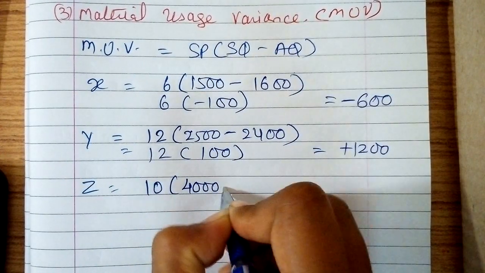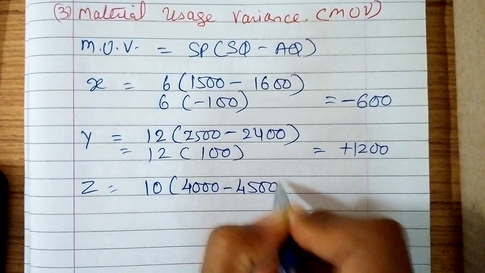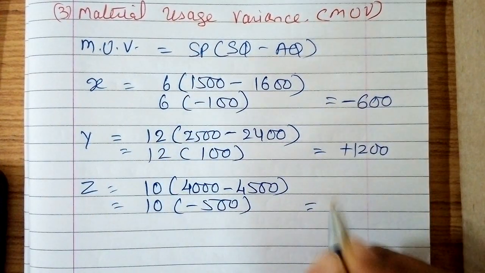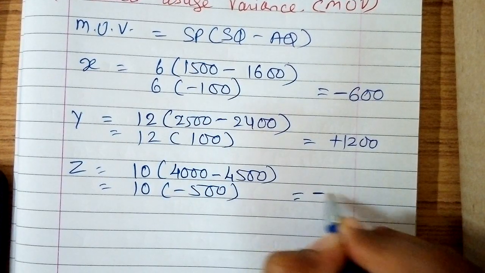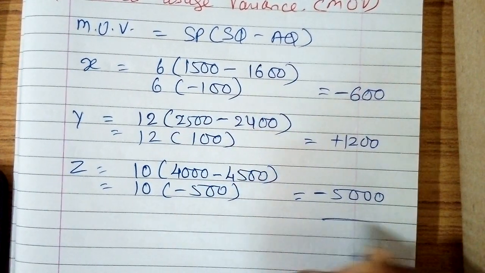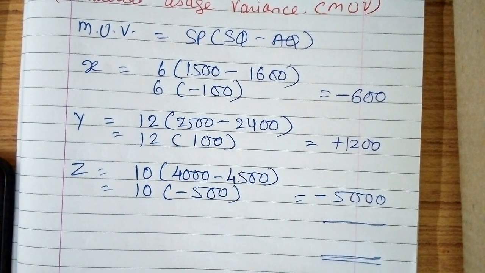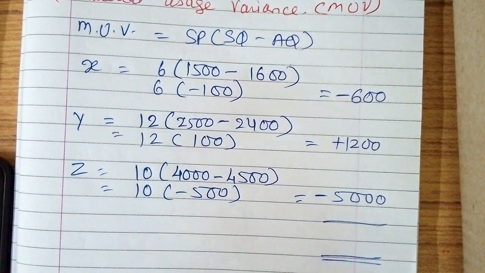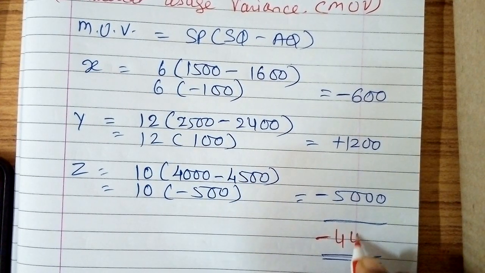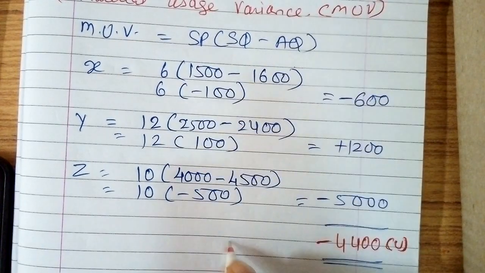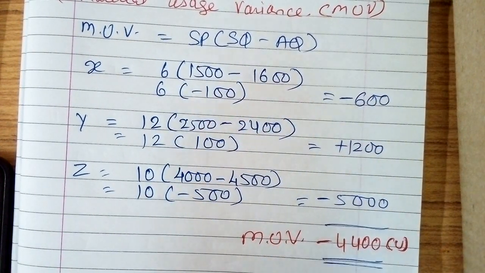Standard quantity is 4000 kilograms and actual quantity is 4500. So this would be negative 5000. So answer of MUV will be 5600 negative and 1200 positive. So this will be negative 4400 unfavorable. Okay, that is MUV.